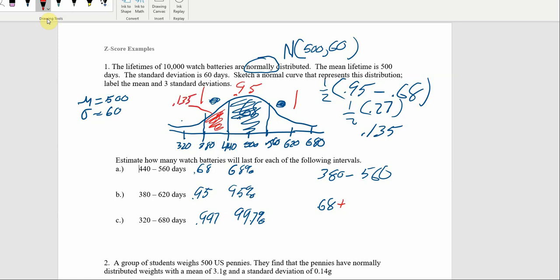That's what we have to add. When I take these two and combine them, that gives me a total of 0.815, or 81.5% of the batteries will have a lifetime between 380 days and 560 days.